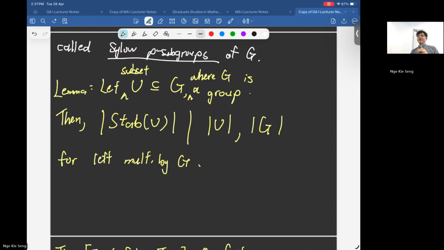But what's the main point here? Your set should be partitioned into cosets. So what's the coset we are looking at?